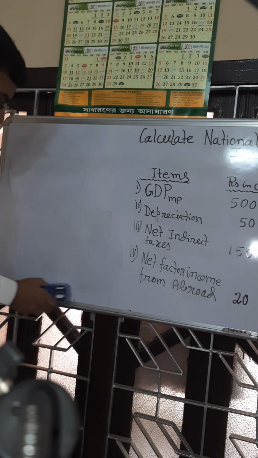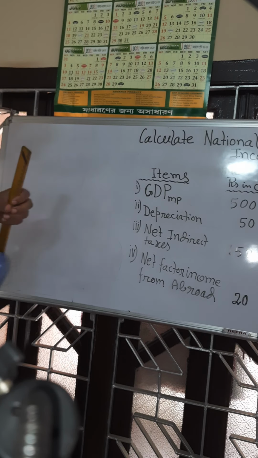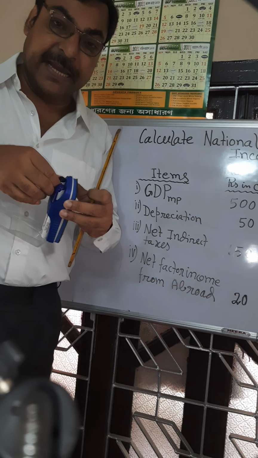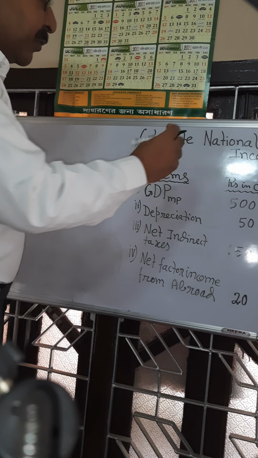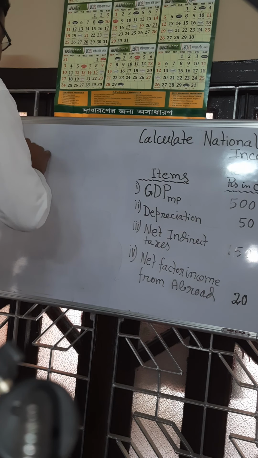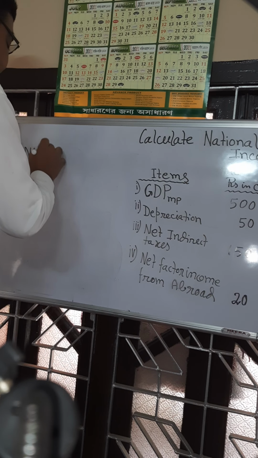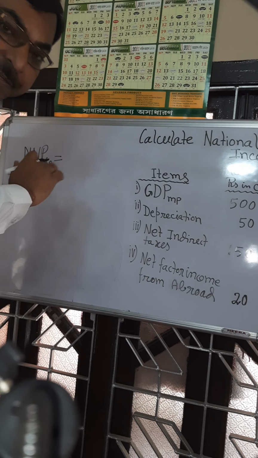Whenever you will be asked to calculate national income, you will actually calculate NNPFC, net national product at factor cost. So what you have to find out, on the left, national income means NNP at factor cost.